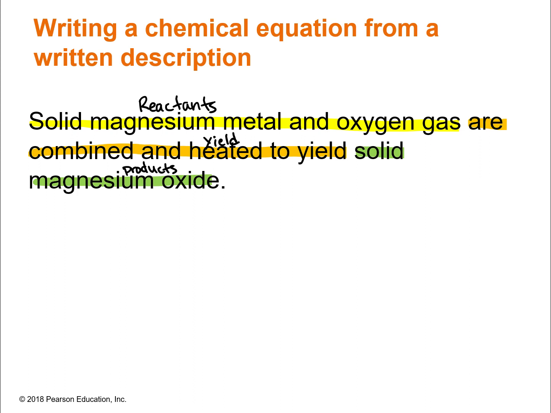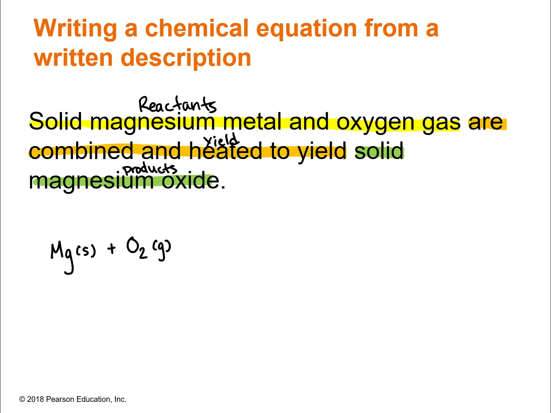So magnesium metal, that's Mg, and it's a solid. Oxygen gas, that's O2. We're going to talk about how you can know when you should write something like O2, because oxygen gas, you might think, oh, I should just write O and then a G. No. Oxygen is what's called a diatomic molecule.